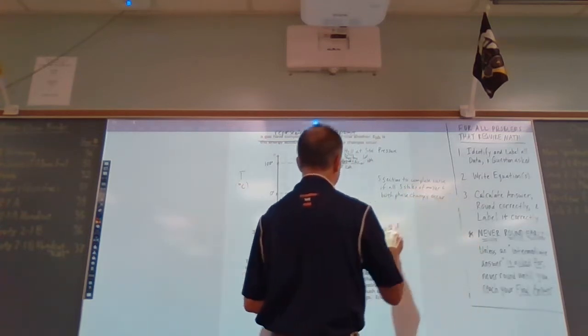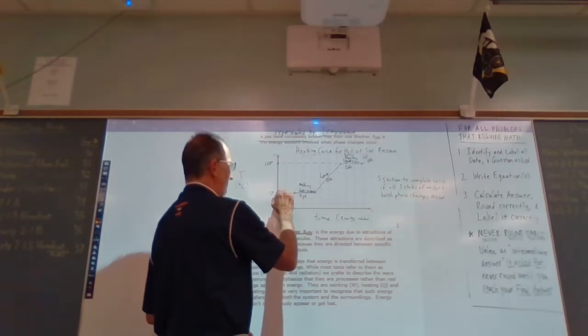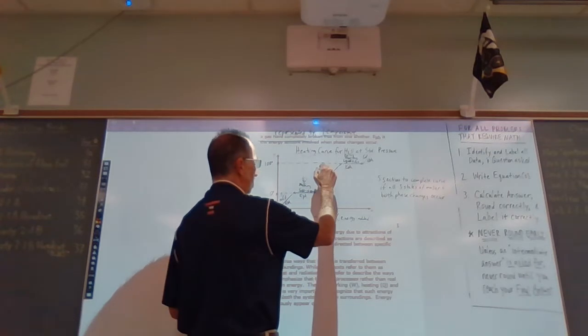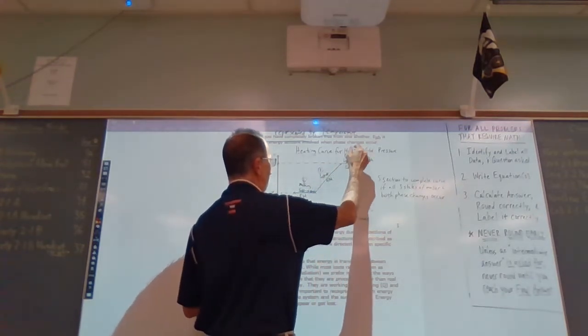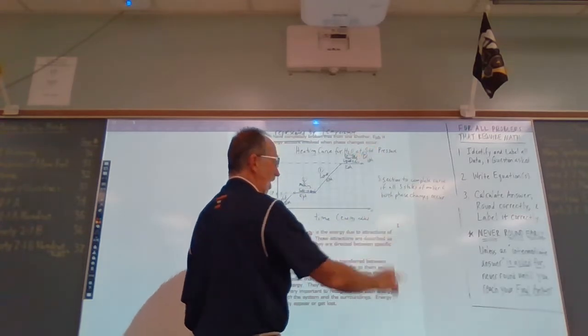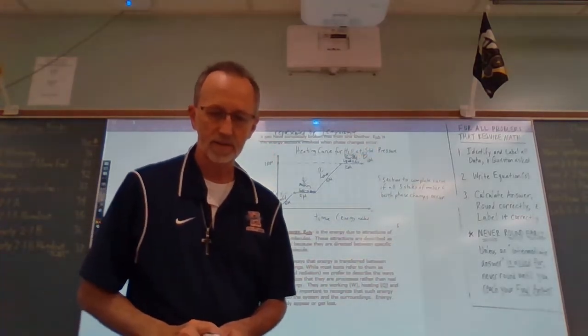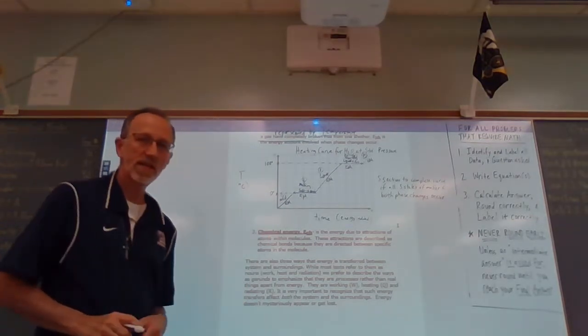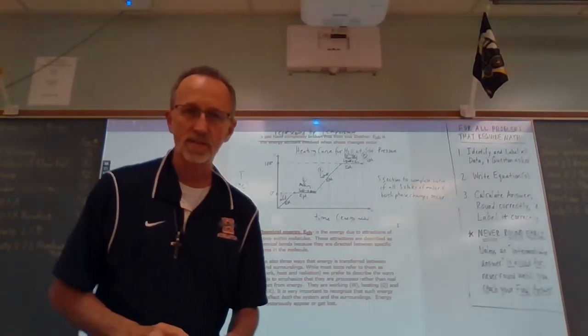What do I mean by 5 sections? Well, they're right here. So the solid phase is 1, solid to liquid, the melting phase is 2, the liquid phase is 3, the boiling or vaporizing phase change is 4, and the gas phase is 5. Okay, so 5. So that is called a heating curve. What do you think a cooling curve looks like?